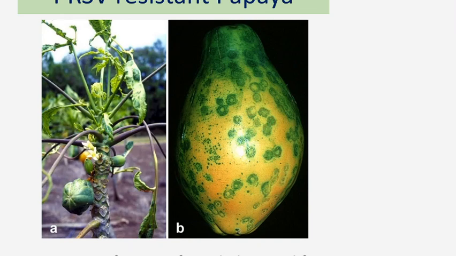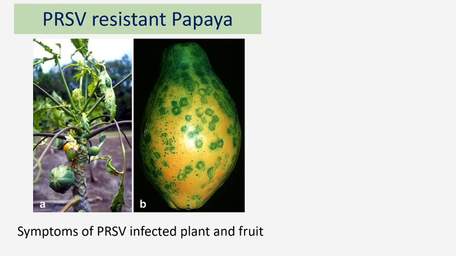When this virus attacks, it kills the plants and it reduces the yield of papaya to a very large extent. So scientists have developed a variety of papaya by genetic engineering, which is resistant to the attack of PRSV.